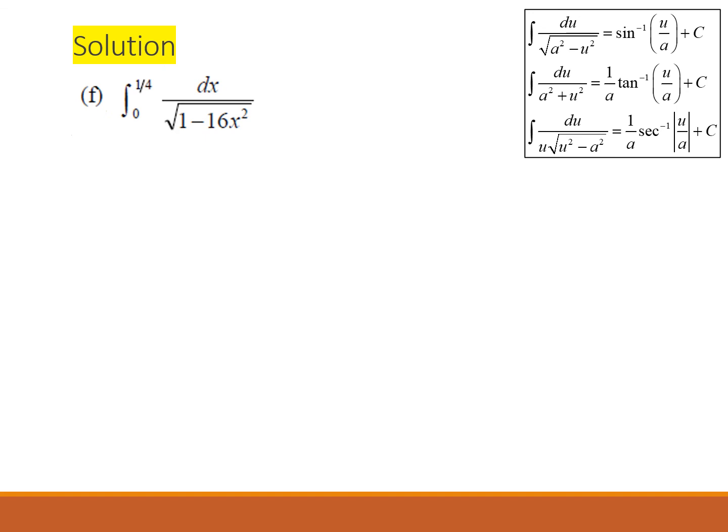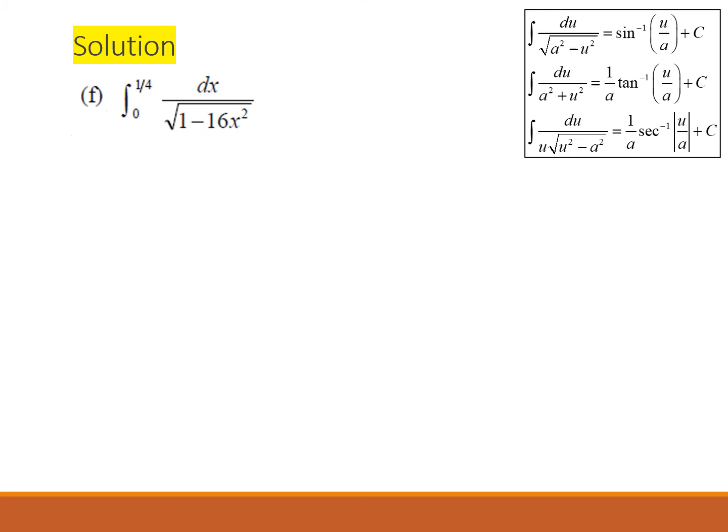Now let us proceed with the last question, where this integration involves a definite integral, where the interval is from 0 up to 1 over 4. So the final answer of this question will be a number.